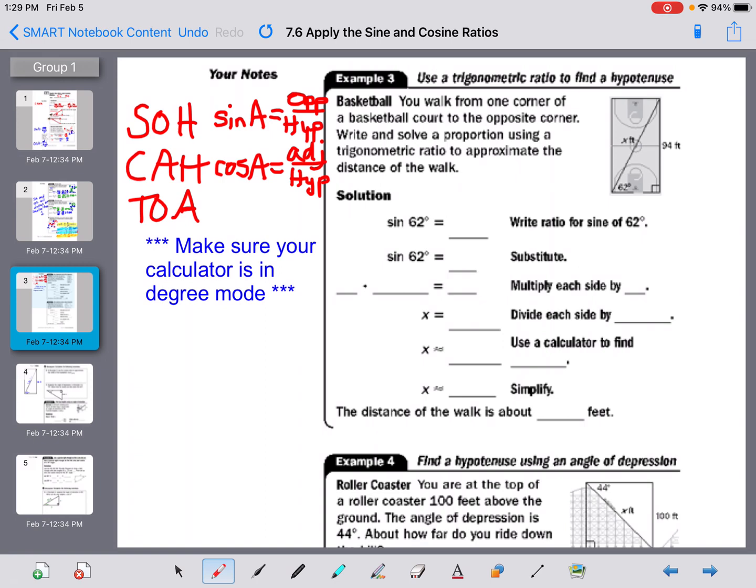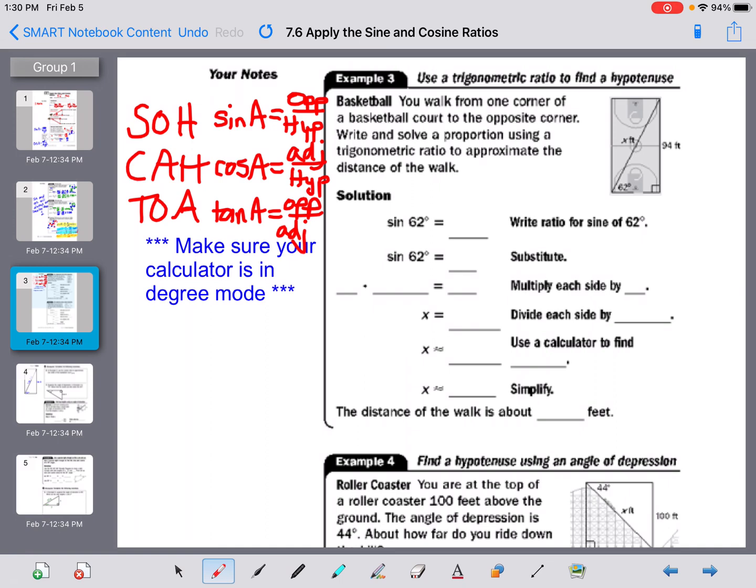TOA, that we learned the other day, is the tangent of the angle equals the opposite over the adjacent. That's T-O-A, TOA. So SOH CAH TOA. What I'll ask you as we go through these problems is to stop and look at the information we know or we're looking for, and say which one of these, SOH, CAH, or TOA, is going to be the best option to solve for our missing piece.